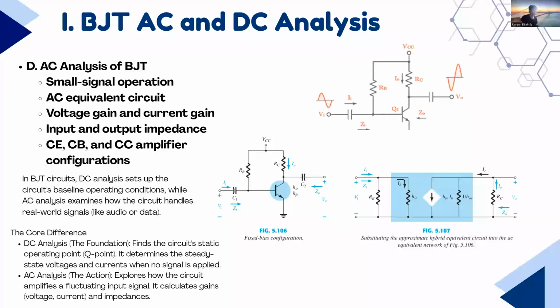Input impedance, ZI, and output impedance. So, since they are all in parallel, you will compute for it, and this will be the input impedance. And then for the output impedance, we will just be computing it in parallel.